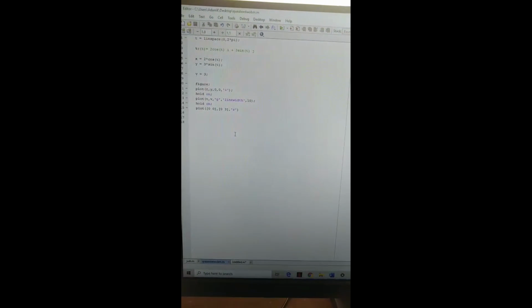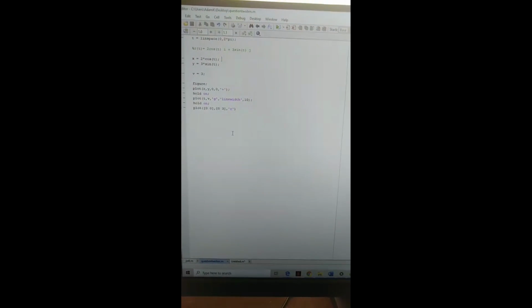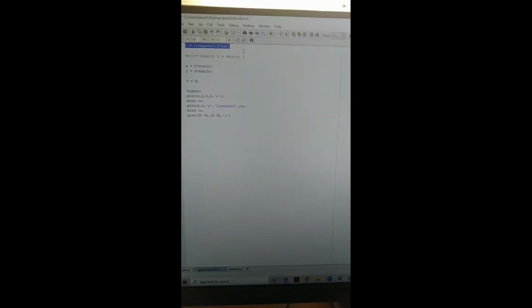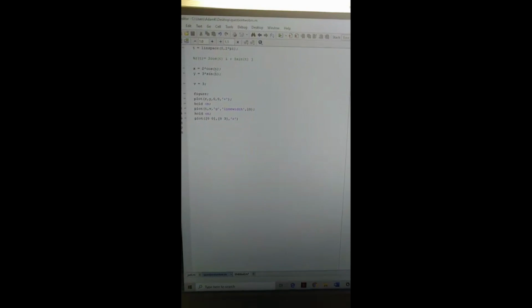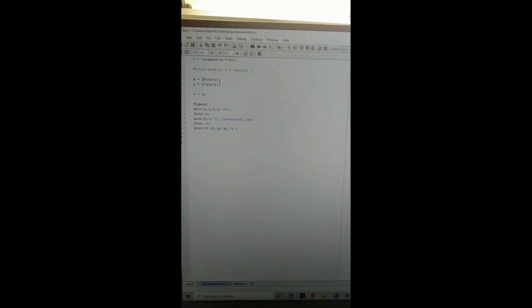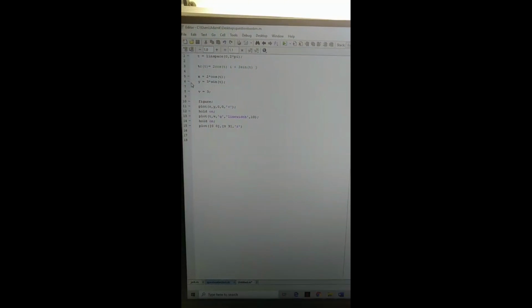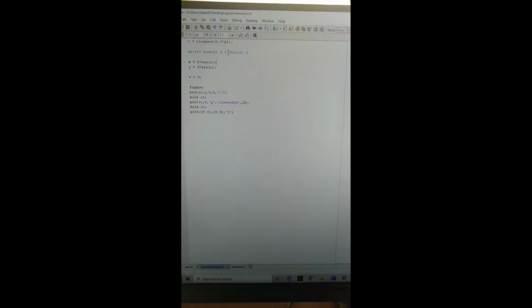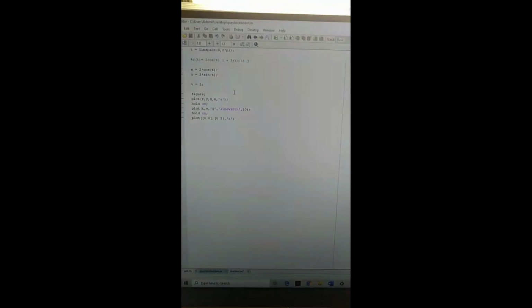For the MATLAB simulation, we choose t from 0 to 2 pi. For the x axis we use the i direction function, which is 2 cos t, and for the y axis we use the j direction function, which is 3 sin t.